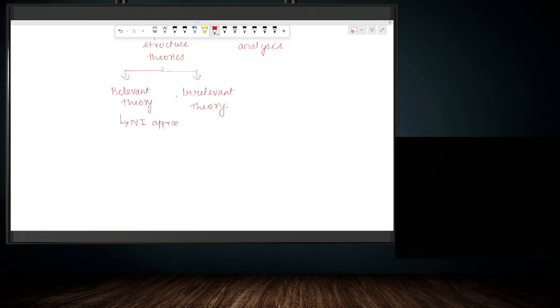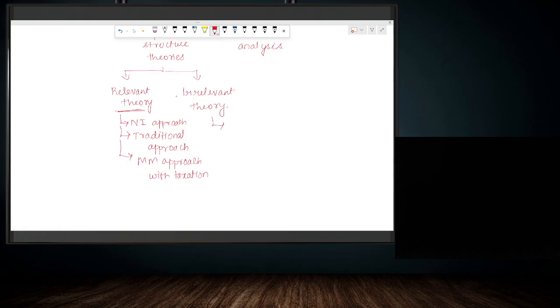Then we have the traditional approach, and we have the MM approach with taxation. So these are the three theories that we are going to study under the head relevant theories of capital structure.